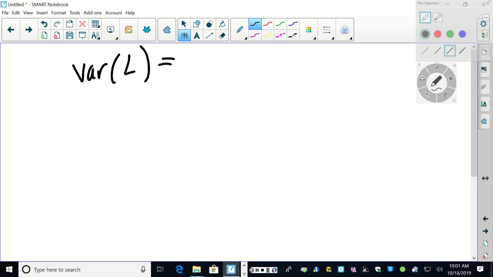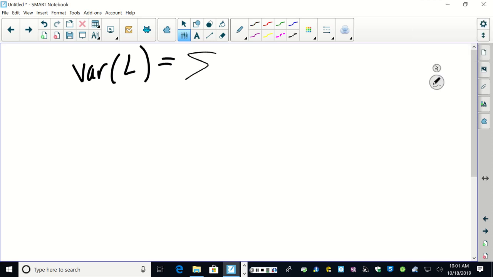linear combinations, right, let me write what L is, that linear combination. It's the variance of the sum of the ci's times xi's.